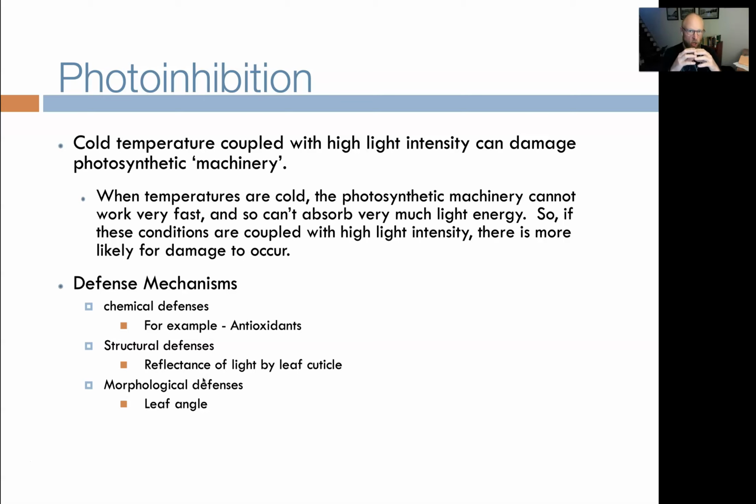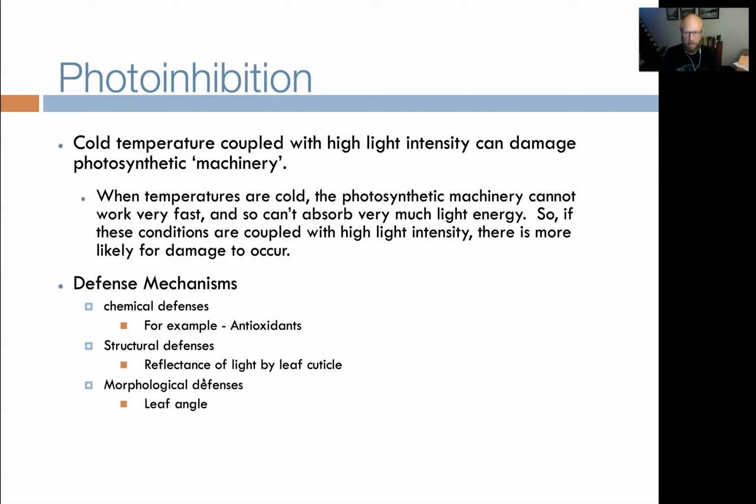Another one is a structural defense. So some plants have different components in their leaves. Well, I shouldn't use the word chemical. They are chemicals, but they provide different structures in the leaves that can reflect or absorb those high light environments.